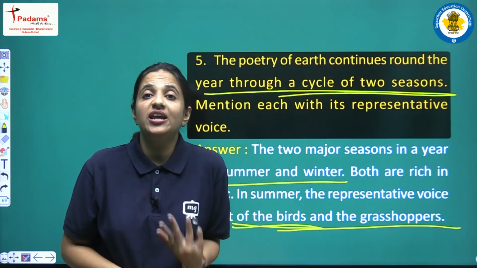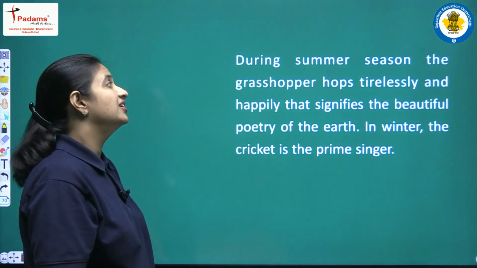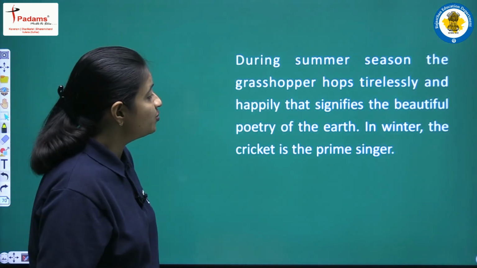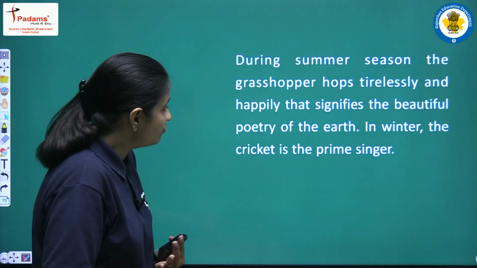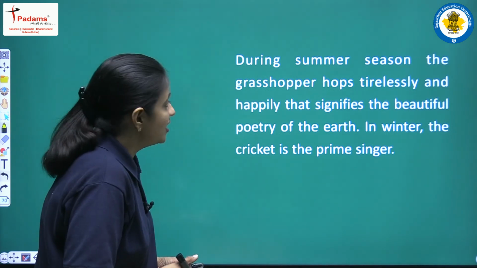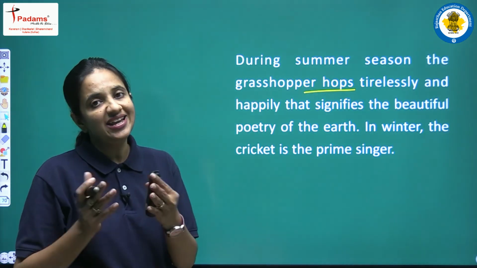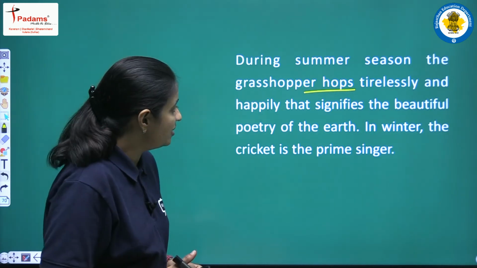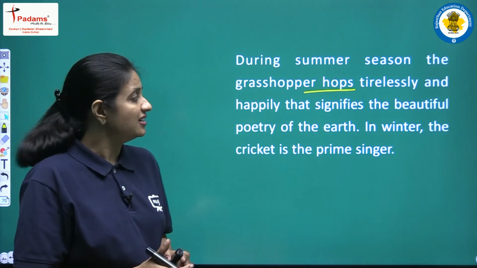The grasshopper is there to represent the music of earth, the music of nature. During the summer season, the grasshopper hops tirelessly and happily. That signifies the beautiful poetry of the earth.